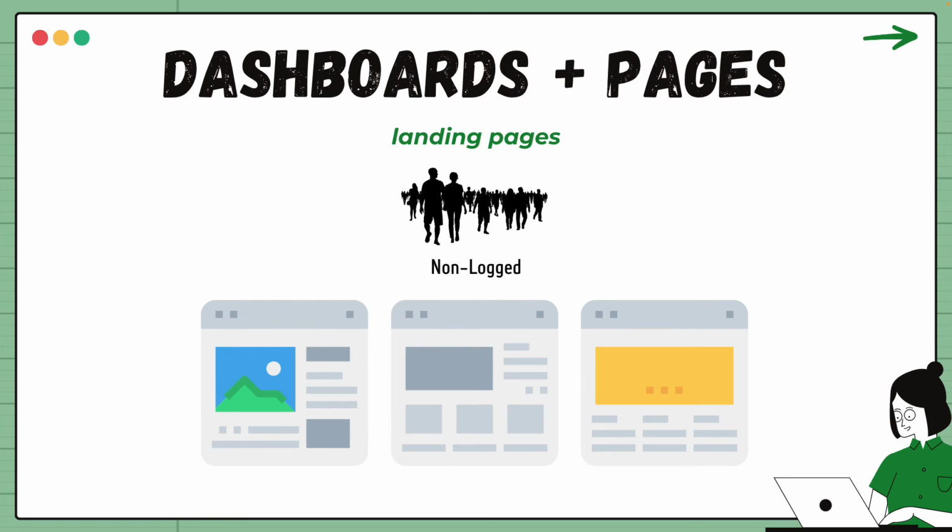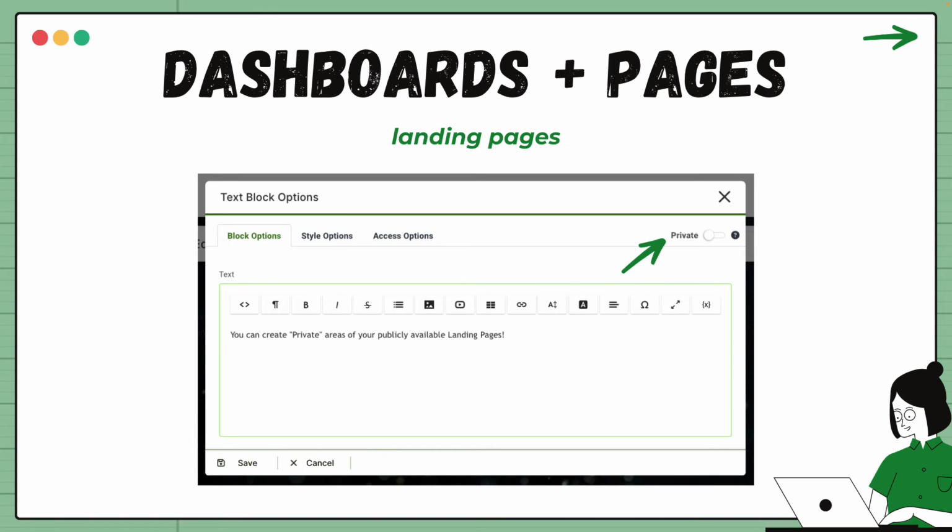But where SuiteDash takes it to the next level here again is the fact that our content block editor allows you to create blocks that can be what we call private. So remember that we said landing pages are meant to display to unknown targets, non-logged targets.